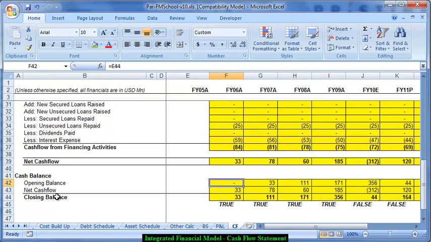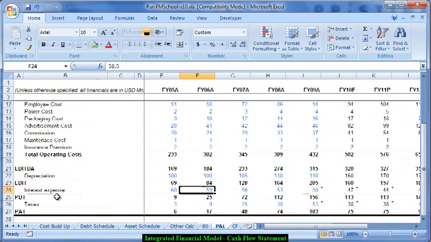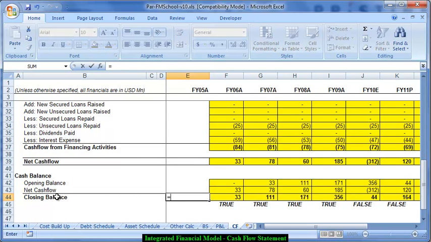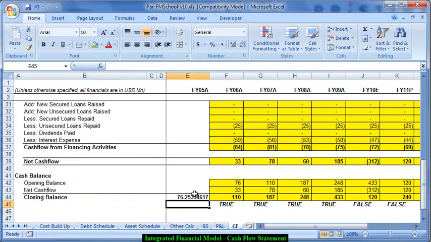So what we see is that we have taken the opening balance of cash as last year's closing balance of cash. Now the problem as I see it is that in FY05, in my balance sheet, I had a cash of $76 million, right? So that has to be there. So let's link this to the opening balance, the closing balance of FY05, because this cash is definitely outstanding with the company.